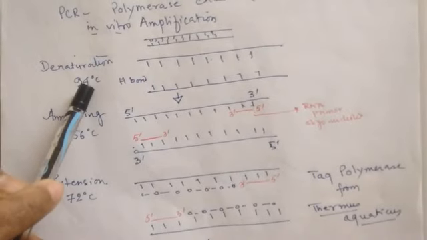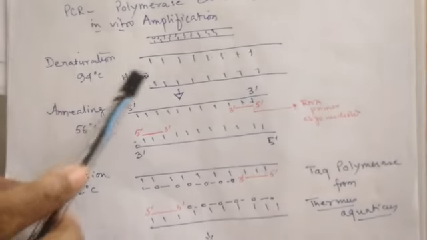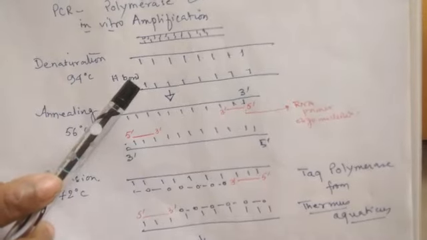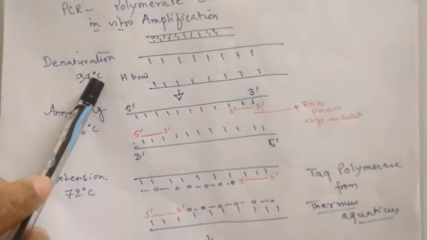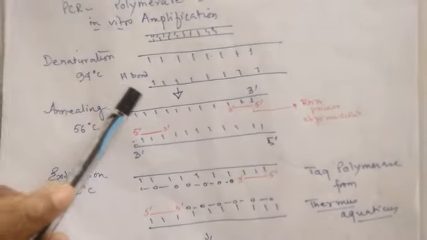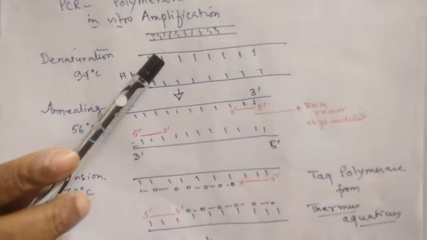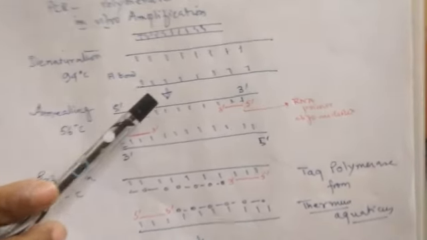But it is for a very short duration, because if we keep it for a long time it may break the phosphodiester bonds also, and finally we will be left with nothing. So for a very short period, the DNA is heated to 94 degrees centigrade and the hydrogen bonds are broken and the two strands get separated. So this is about denaturation.